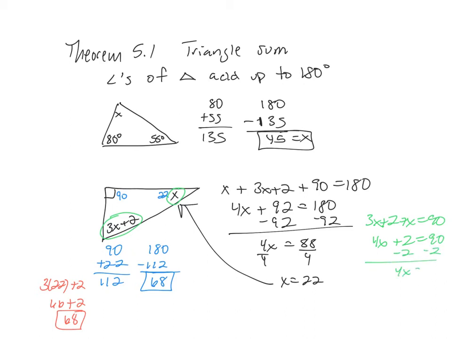Subtract 2. And we're in that same spot. Might save a little bit of work, or at least the numbers are a little bit smaller. So the real difference is I'm doing 180 minus 92 versus 90 minus 2. Probably easier. It's listed in your book as what's called a corollary.